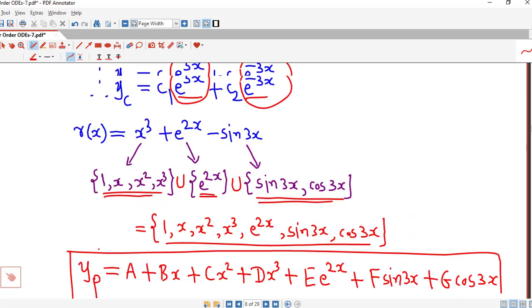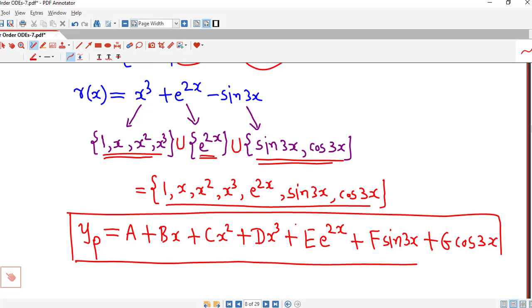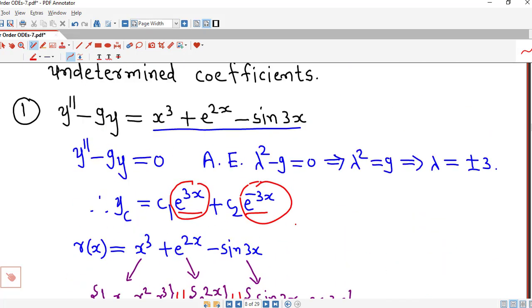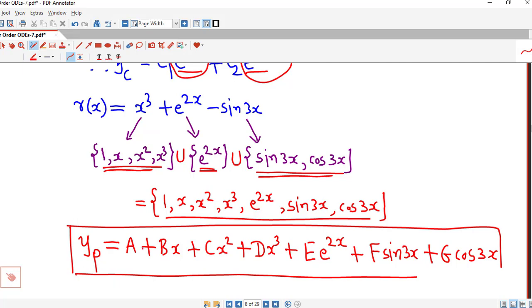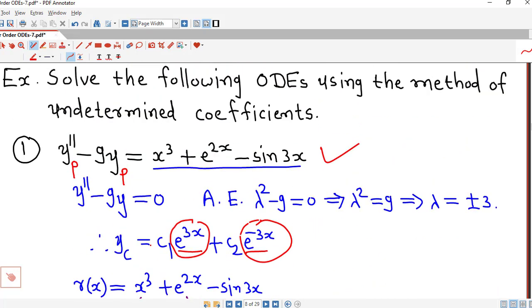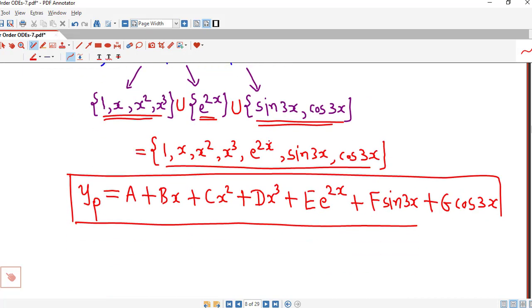Now we know how to find these undetermined coefficients a, b, c, d up to g. For that you have to substitute the value of yp in the given equation, and as we have explained in earlier lectures, because yp is a solution of this equation, we can substitute y equal to yp, and after substituting the values of yp double dash and yp and then comparing coefficients, we will be able to find all these undetermined coefficients.